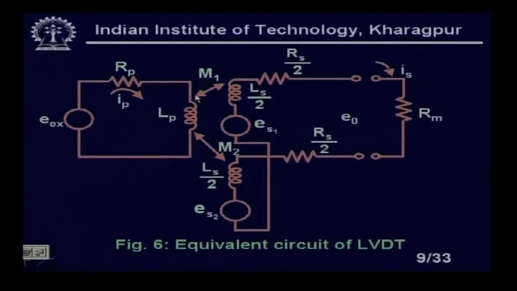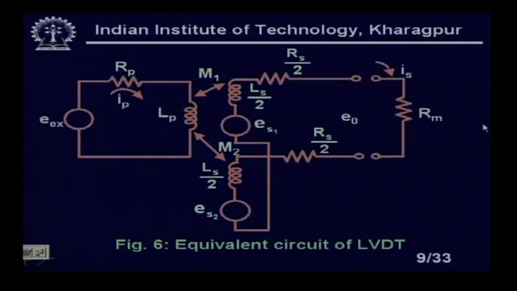M1 is the mutual inductance between the primary and one of the secondaries. M2 is the mutual inductance between the primary and the other secondary. This is the output voltage ES1 and this is the output voltage ES2, that means voltage sources here, and this is RS2, and for the time being we have not connected anything. So, we are connecting an Rm, a meter impedance, when a current is flowing through this circuit.